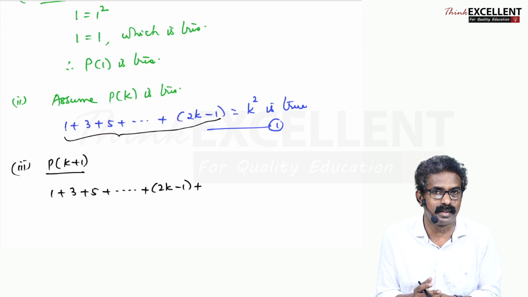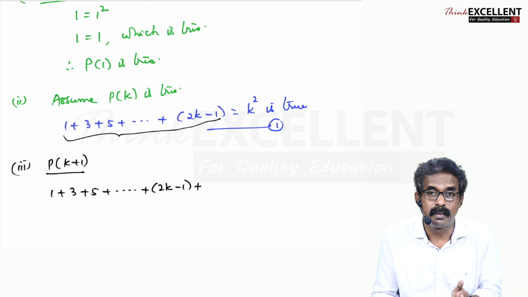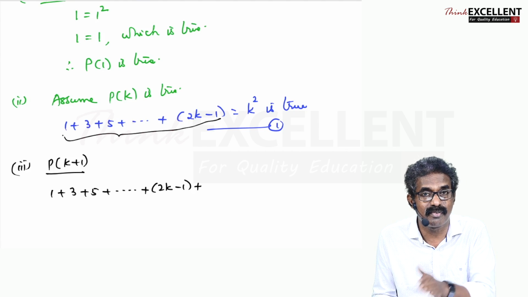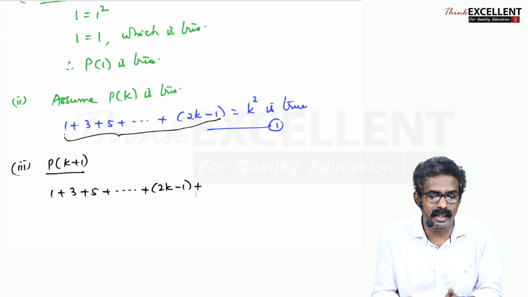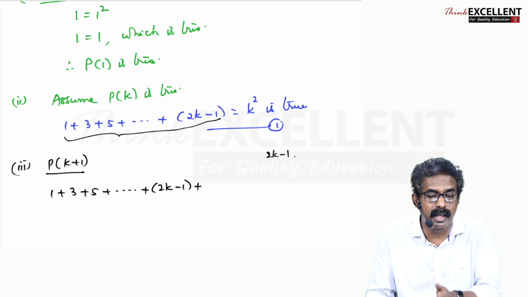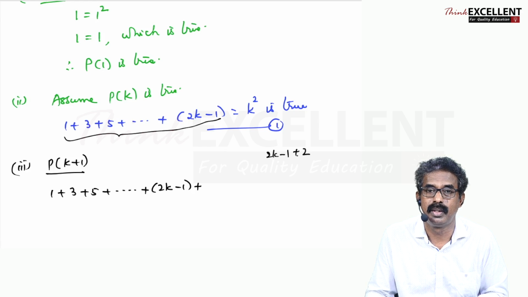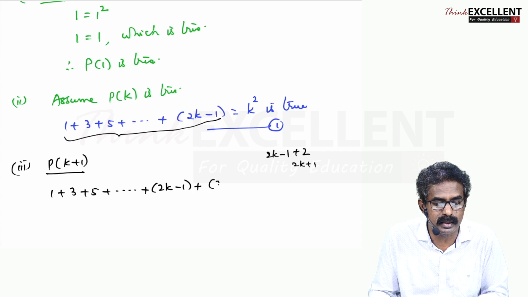Don't simply add 1. The previous question was adding 1, because 1 plus 2 plus 3. But here it is 1 plus 3 plus 5. We get the next number by adding 2. So 2k minus 1 we have. To get the next number, you have to add 2. If you add 2, you will get 2k plus 1. This is the number you are supposed to add. You have to be very careful in this, right?